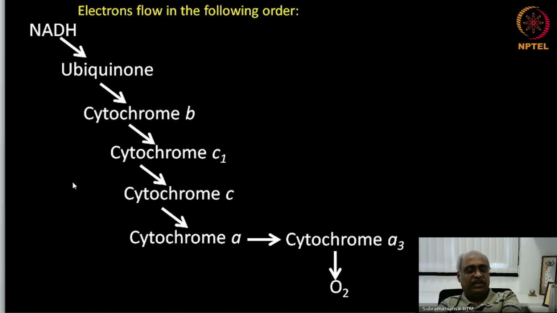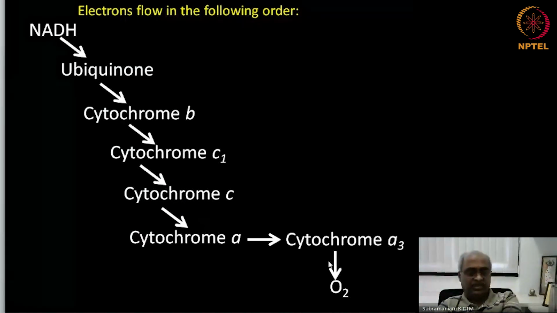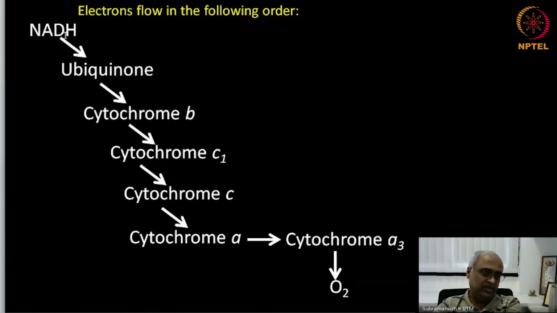Okay. And by using a variety of inhibitors blocking at different steps, that again suggested the same sequence. So from all 3 put together, we have this as the sequence of the electron carriers via which the electrons flow from NADH to oxygen.